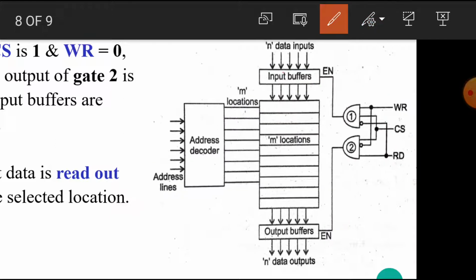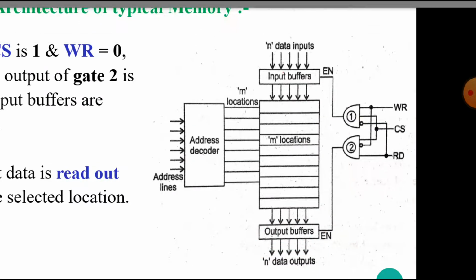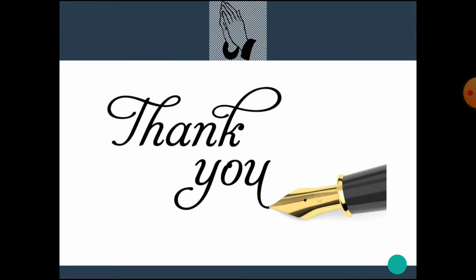Similarly, if CS has the value 1, read has the value 1 and write has the value 0, then the output of gate 2 is 1 and the output buffers are enabled and we can read out the data from the memory. I hope you all understand the operations here. Thank you.